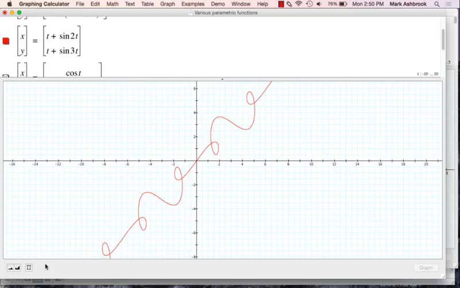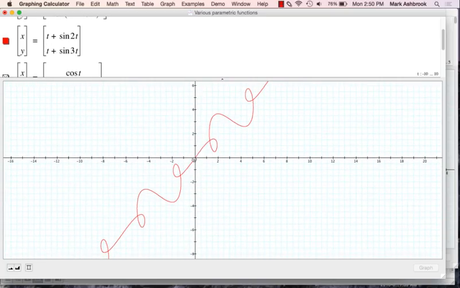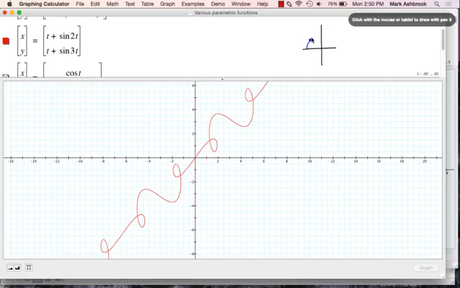Wait, is that giving you 2 points? Is that a function? Because it's intersecting with itself. Yeah. Okay, so you're asking the question, is this a function? You're saying, I got 2 different values of t that give me the same x and y. All right.